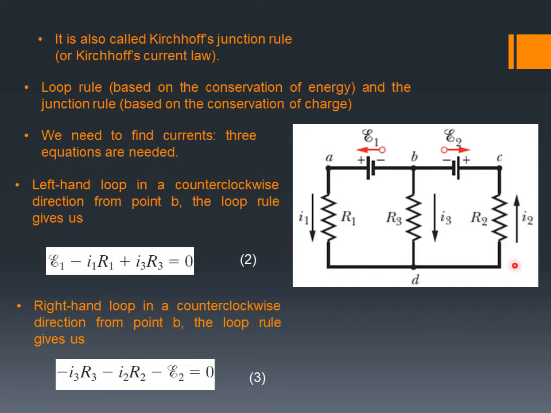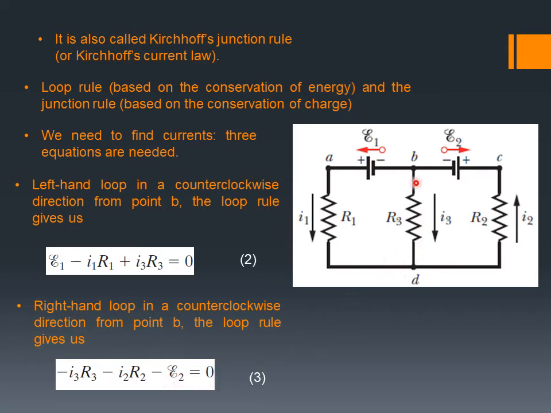Then you are moving in the direction of current I2, so the voltage drop will be minus I2 R2, and here you move against the direction of EMF2, so this will be minus EMF2. The loop rule says that the sum is equal to 0.